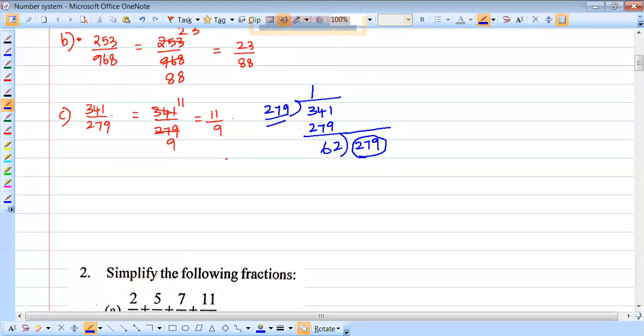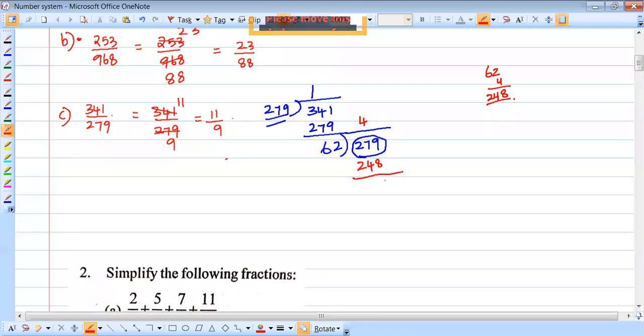Okay. Now once again what do we have to do? We have to divide by 62. How many times will it go? 4 times 62? Check and say. 6 4s are 24. Yes, it will go 4 times. 248.